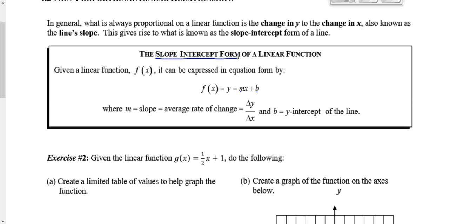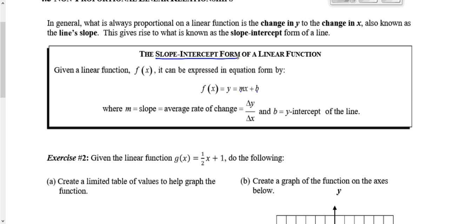And the slope is rise over run, isn't it? What do we measure the rise with? X's or Y's? Yeah, we measure it with the y's. And what do we measure the run with? The x's, right?